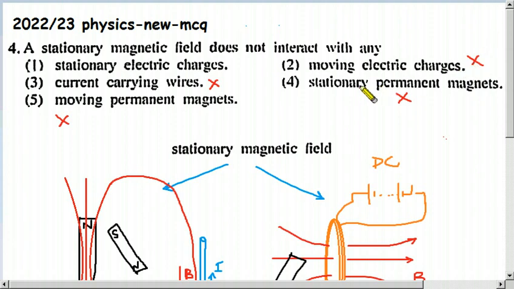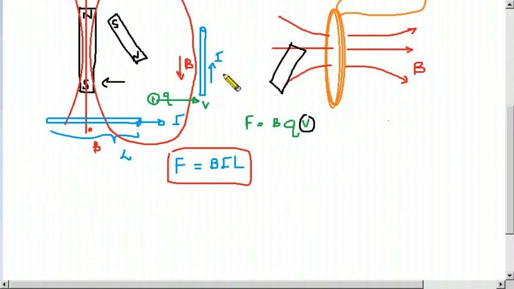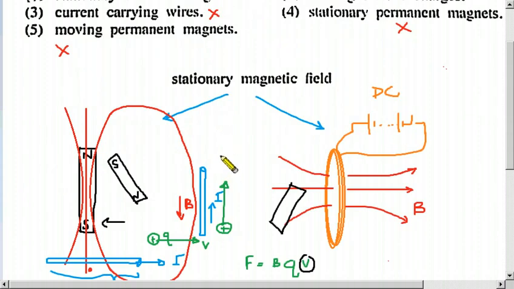Therefore, there is an interaction if the charged particle is moving, but actually if it is moving parallel to this flux line, parallel like this, there will be no force, but that situation is very difficult to achieve. Most probably this velocity is not parallel to the flux direction of the flux density.